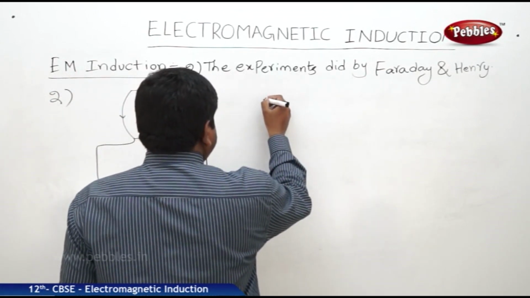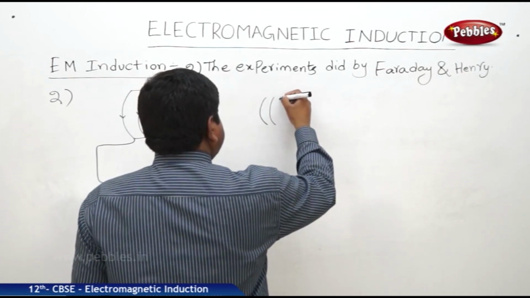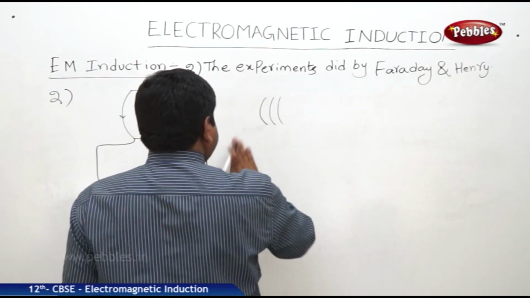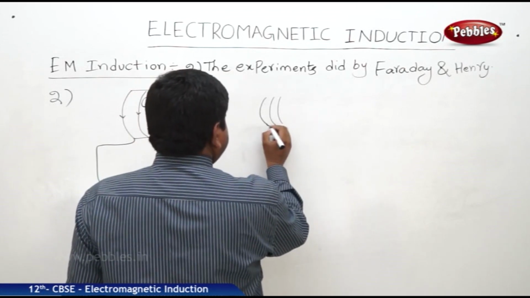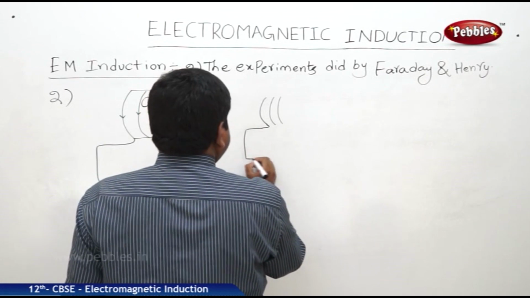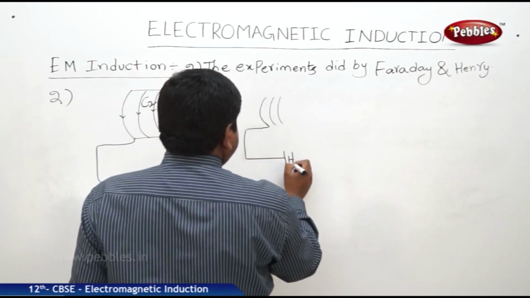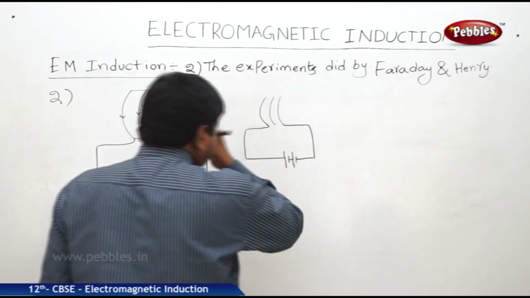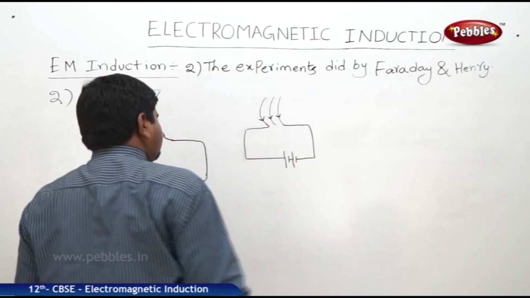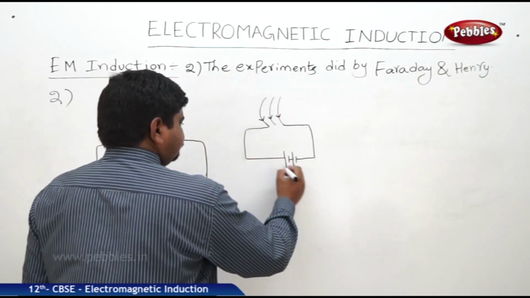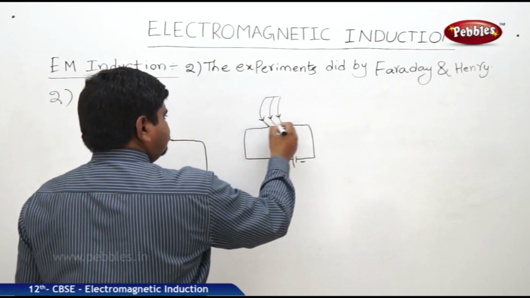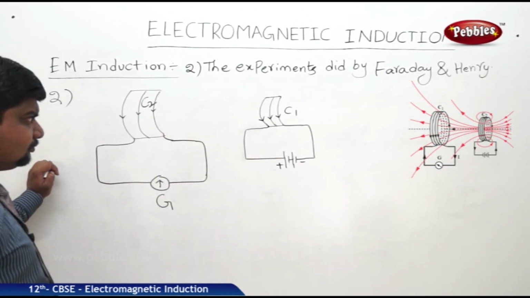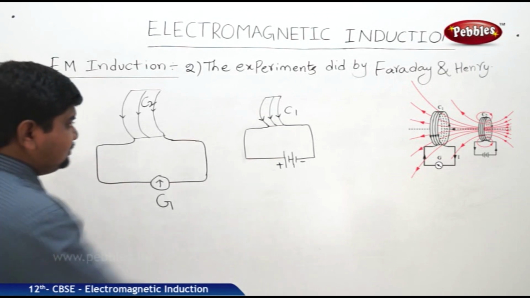That coil is named C1, let us say. Now, this is the experimental setup for the second experiment done by Faraday and Henry. This is coil 1.